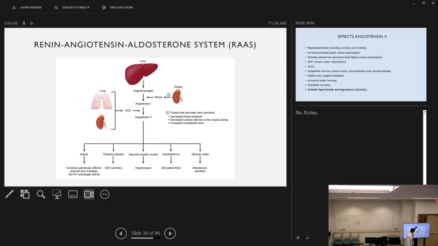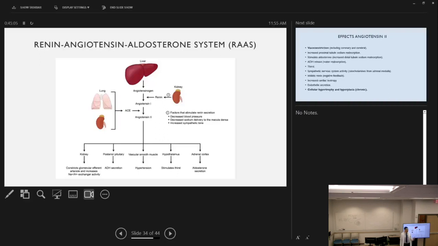So what the renin does, it cuts between the N and the O, and instead of angiotensinogen, we have angiotensin 1. Then this has to be cut again and converted to angiotensin 2, which is the active form of this protein.